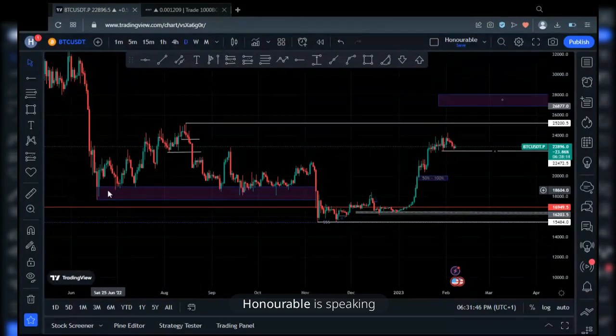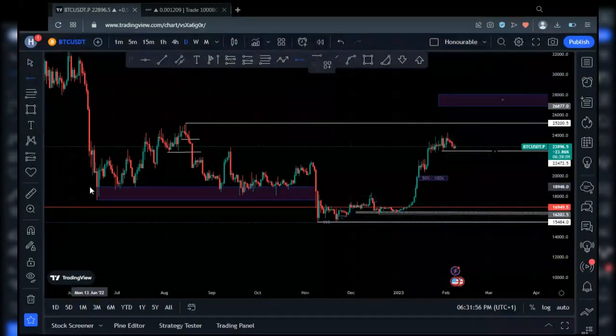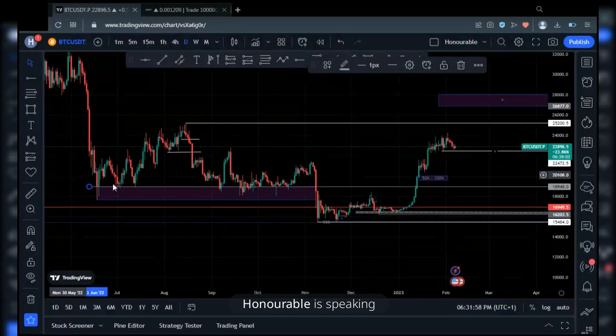For instance, we have a horizontal level here, let me put this up now and show you something. Now you see this line. We take this as our horizontal support.